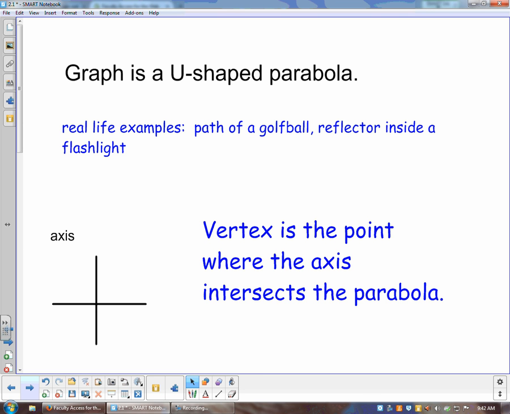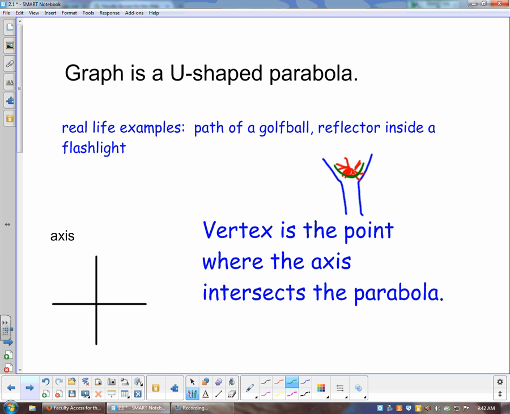Did you know that that's why a flashlight's beam goes straight forward and not all over the place? Because of the properties of the parabola on the mirror that's right behind the bulb. A little demonstration. Let's say here's your flashlight, and here's your bulb right here. You know that the light is coming off in all different directions from that bulb. But there is a parabola-shaped mirror.